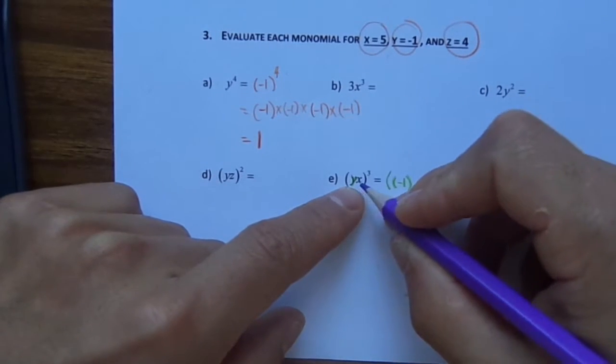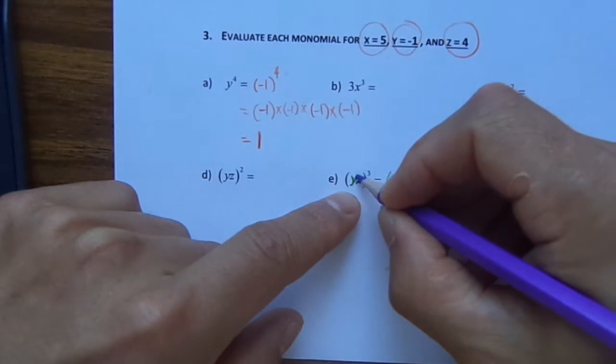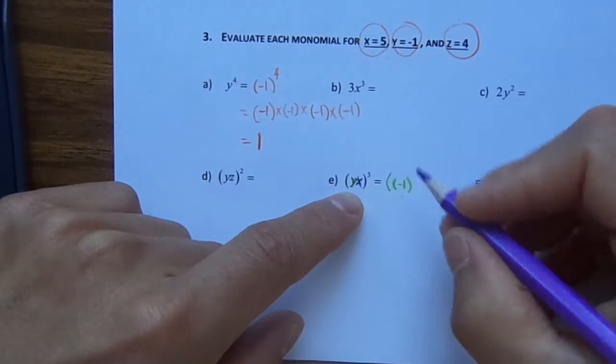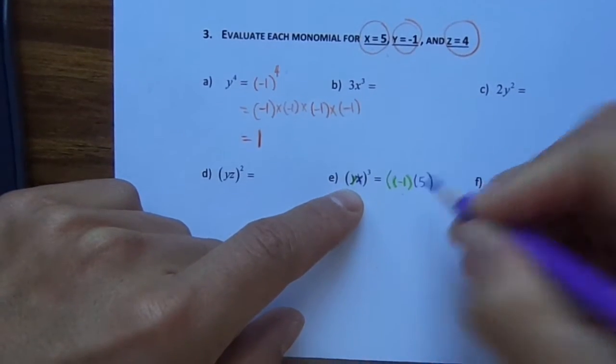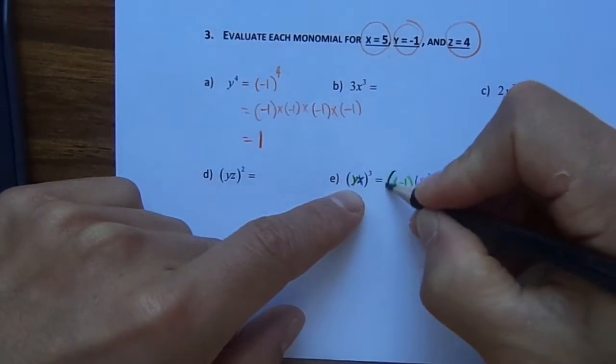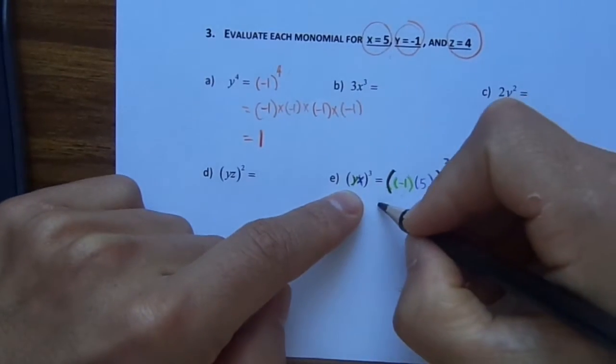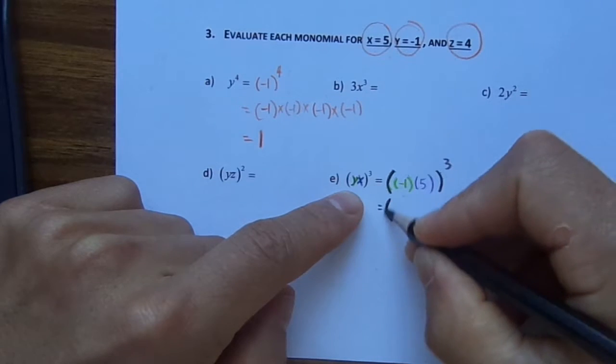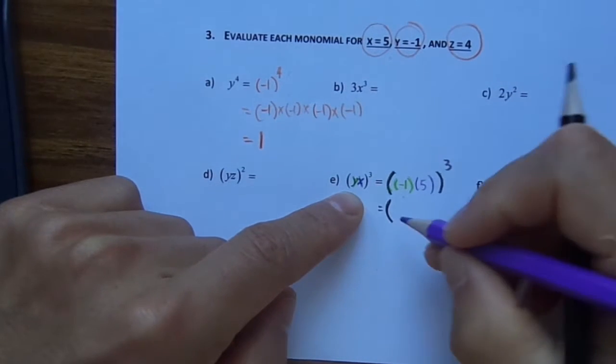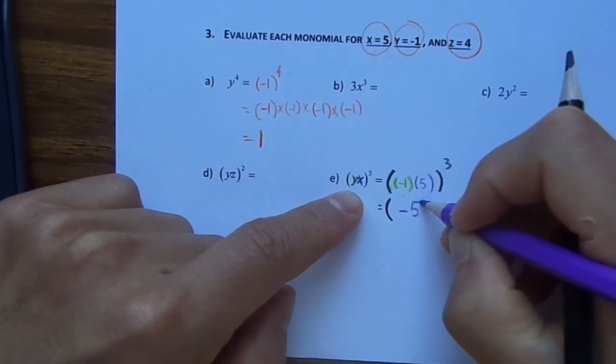Now, instead of x, I'm going to put that in purple, we are going to have 5. And don't forget the original brackets on the outside to the exponent 3. Now what's in the brackets? -1 times 5. That will give me -5.